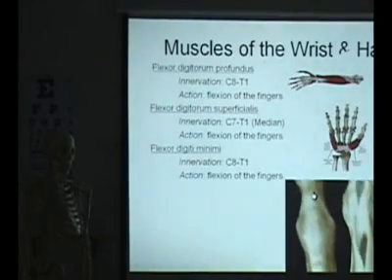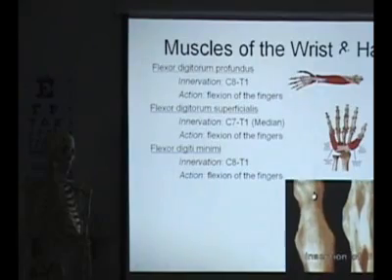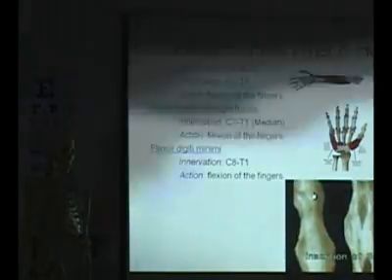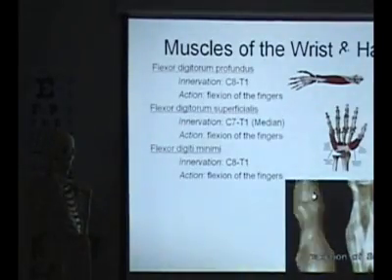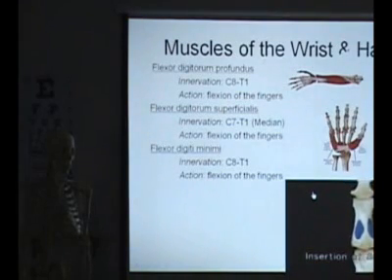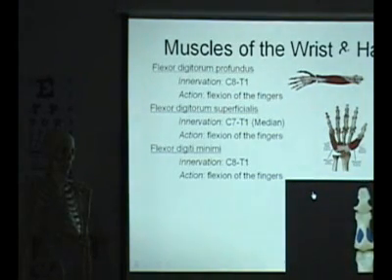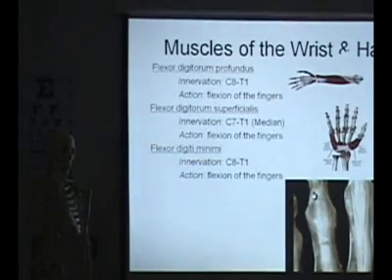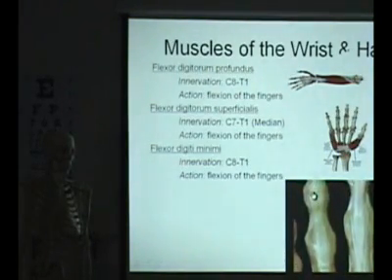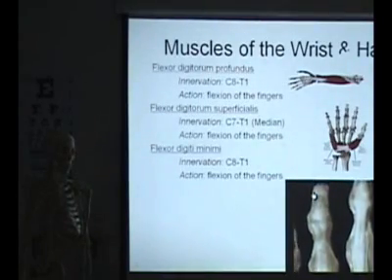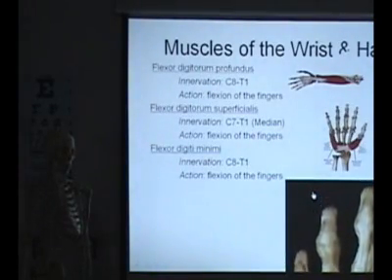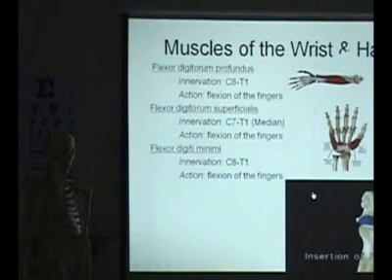The four separate tendons of flexor digitorum superficialis are bundled together as they enter the carpal tunnel. We'll remove the profundus tendon for a moment. The two halves of the superficialis tendon divide, and as they do so, they insert here on the middle phalanx. The profundus tendon, here it is back in place, emerges between the two halves of superficialis and continues distally to insert here on the base of the distal phalanx.